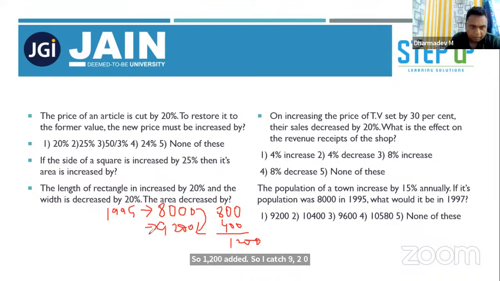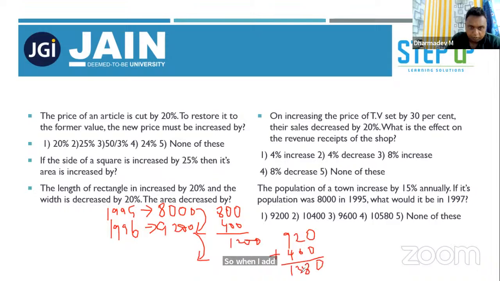I'm sorry. 1996, and from here again 15%. So 920 is 10% plus 460. So when I add it, I get 1,380. I'm going to add it with that 1,380.